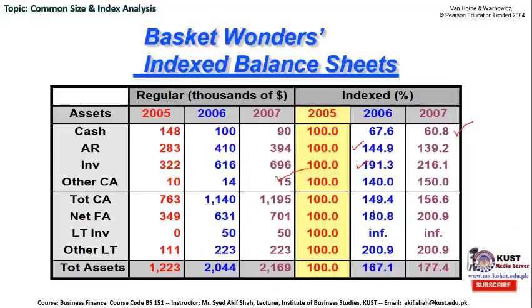The purpose or benefit of making an index analysis is to measure the company's performance over the period of time with respect to the base year. For example, we can make an analysis that the company's cash position is reducing with respect to 2005 in 2006 and 2007.